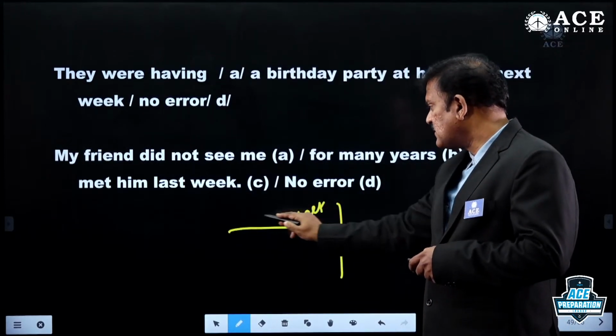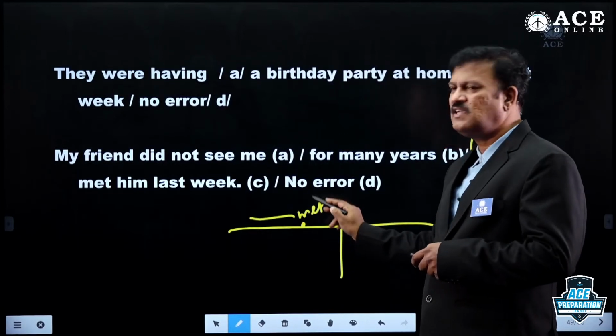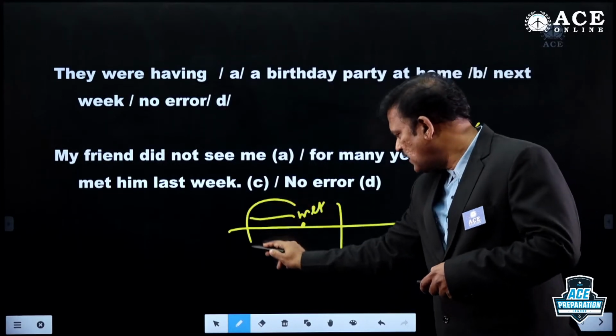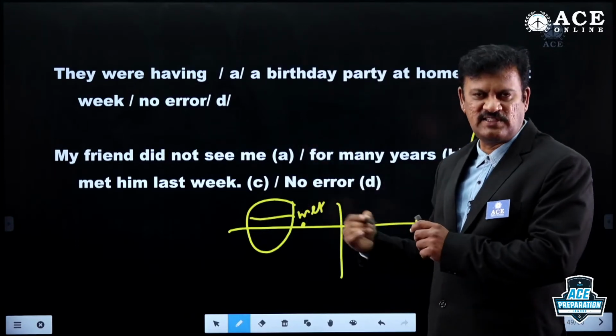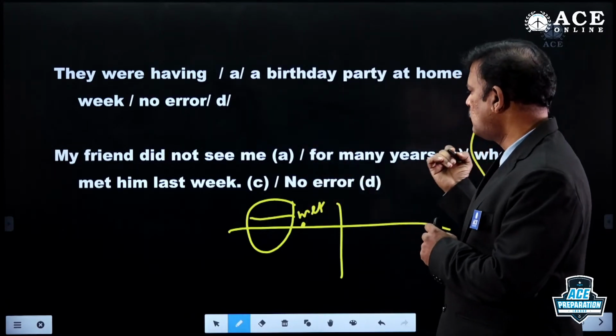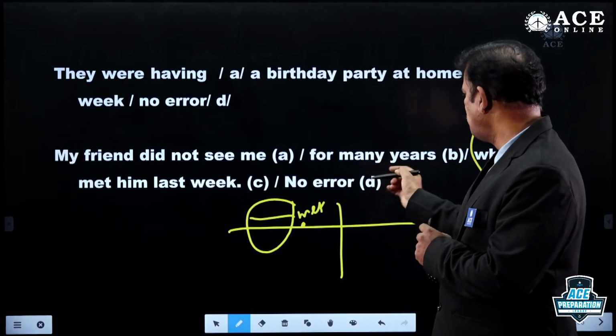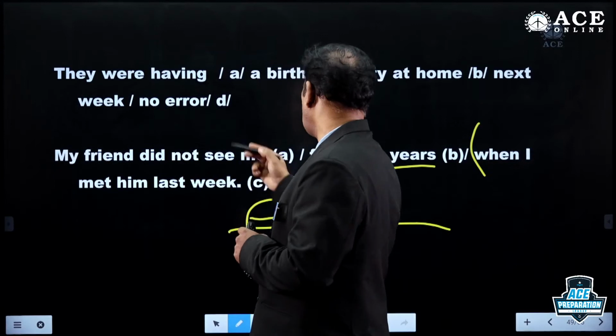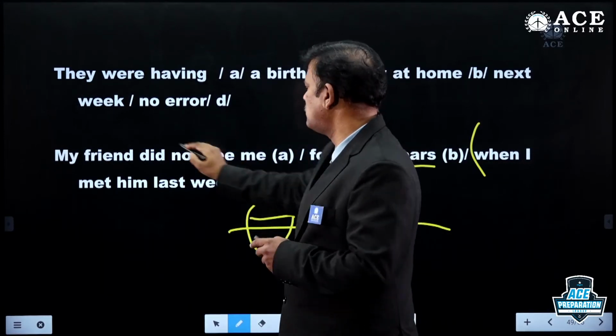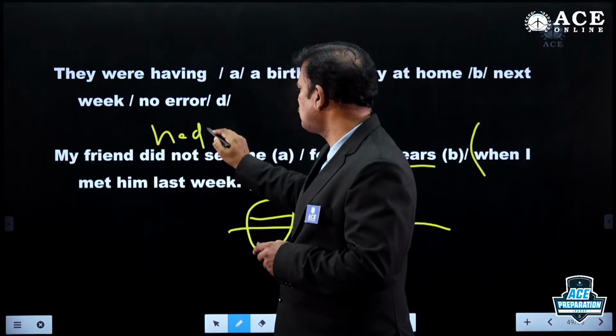Up to here, many years. Anything indicated in this area is reserved for had plus V3, had been plus ing form. So because he mentioned for many years, I don't mind hadn't seen me or had not been seeing, but this is better.